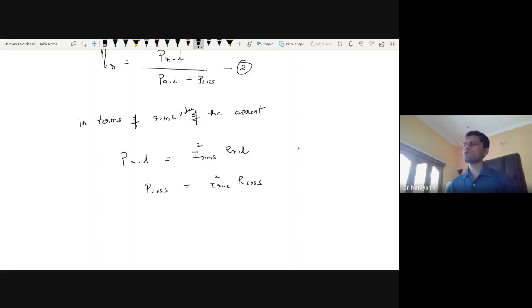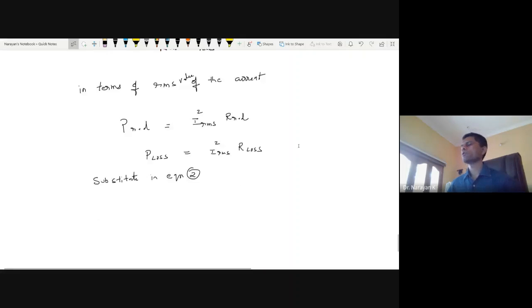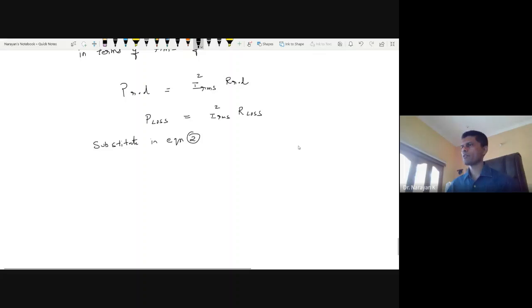So I'll substitute in equation number 2. Radiation efficiency is equal to I square RMS into radiation resistance divided by I square RMS into radiation resistance plus I square RMS into R loss resistance.